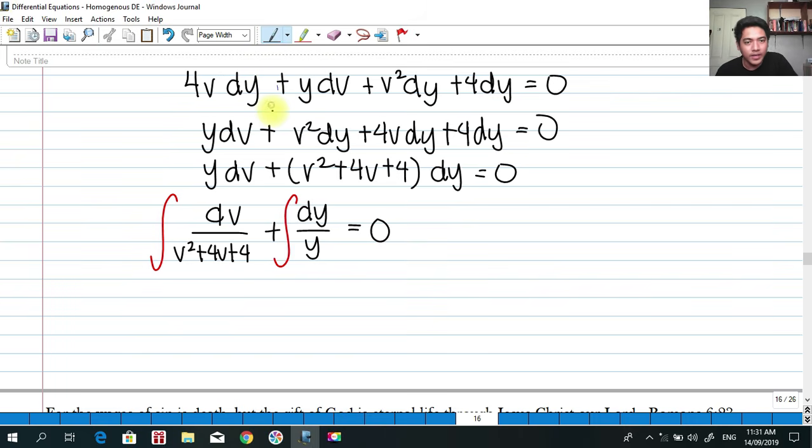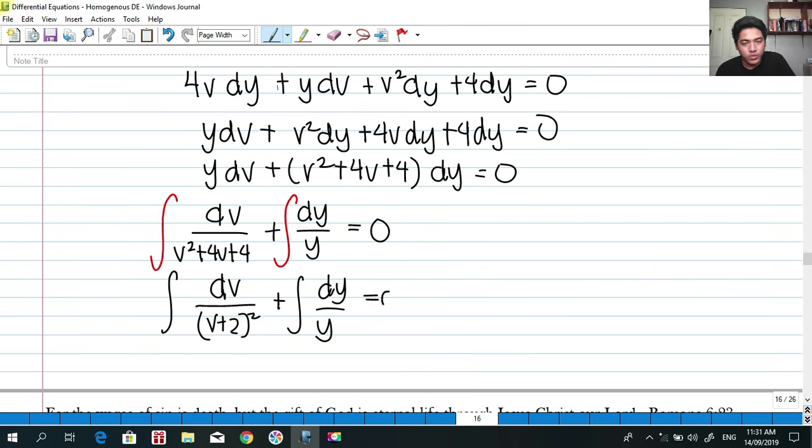So we can rewrite this as the integral of dv over v plus 2 squared, plus the integral of dy over y is equal to 0.